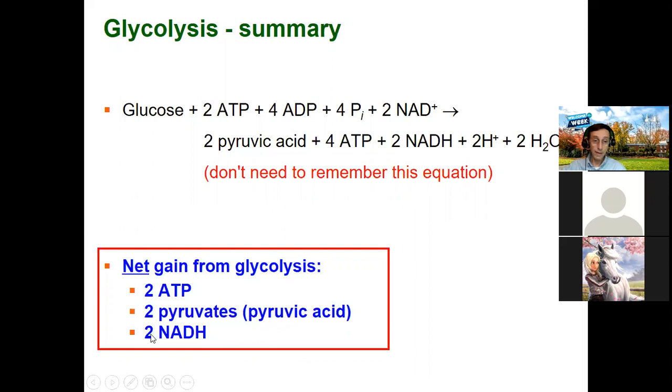And then 2 NADHs are made by glycolysis. Okay, any question about any of that? So you need to know glucose comes in, you get a net gain of 2 ATP, 2 pyruvic acids are made, and 2 NADHs are made. Any question about any of that?